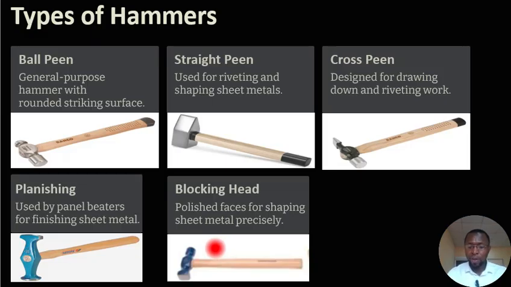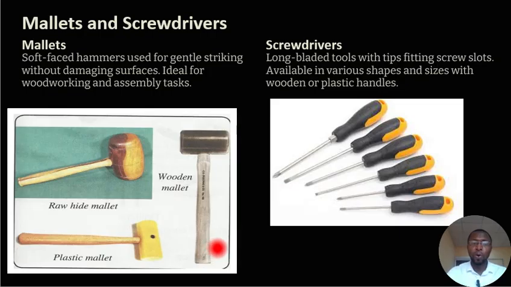All right, that's it on types of hammer. Let's go straight to another tool that we use for driving nails, which is the mallet. The mallet is another type of hammer, but it's a soft-faced hammer. Unlike the previous types of hammer where the faces are hard, for the soft-faced hammer the head is soft because it's used for gentle striking.